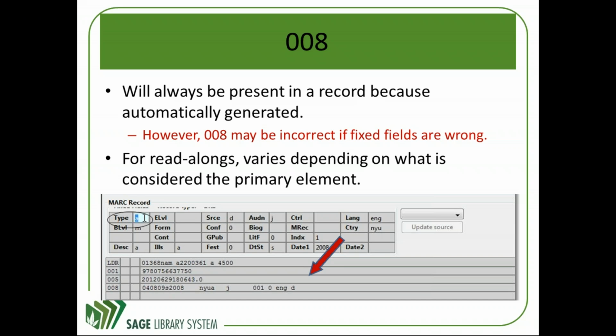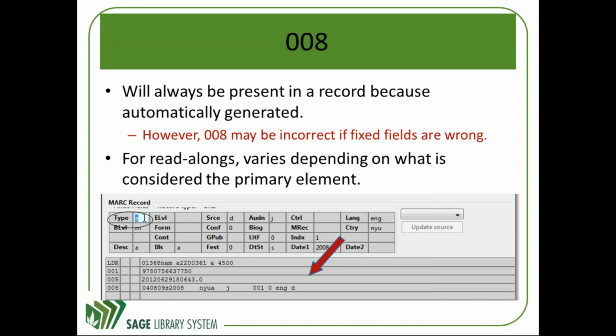It's probably because read-alongs tend to be very difficult items to catalog. There isn't necessarily a consensus about how they should be cataloged. So we see different kinds of records to import, and even the way that the records looked and how things get filled in can vary quite a bit.